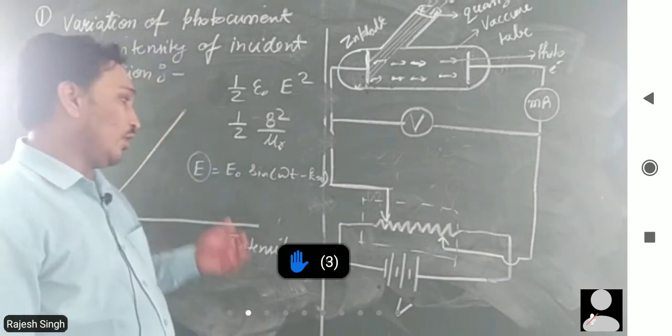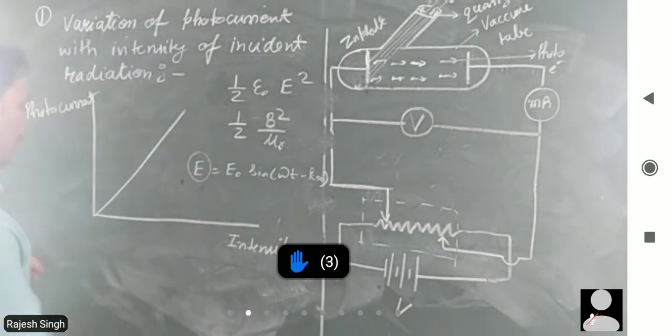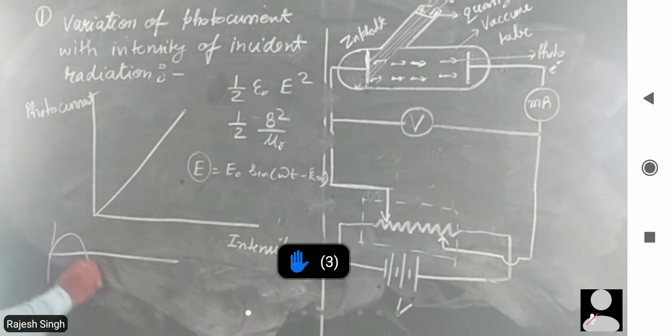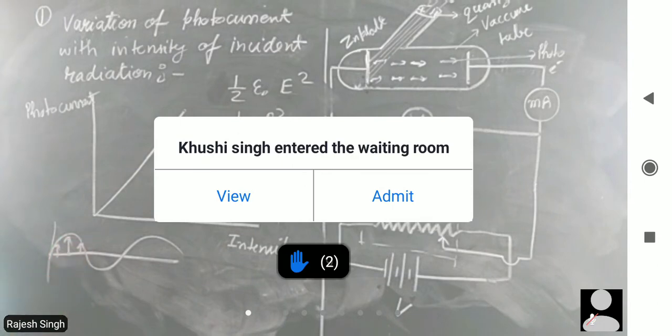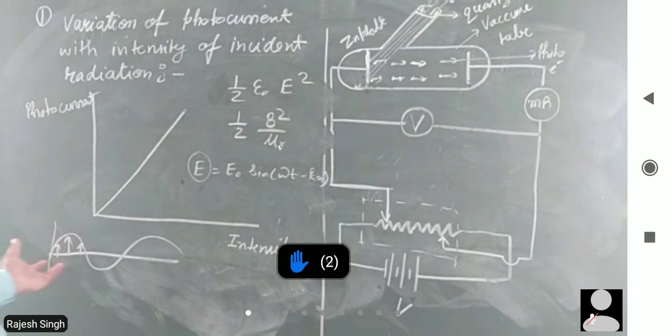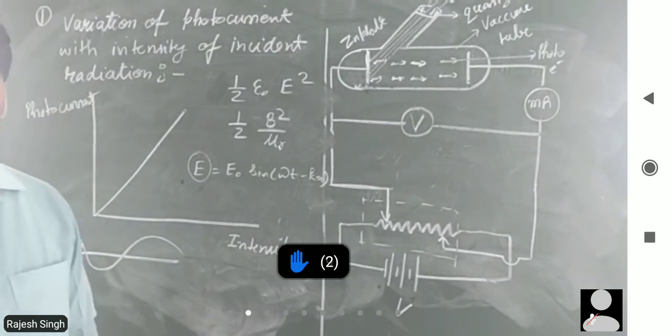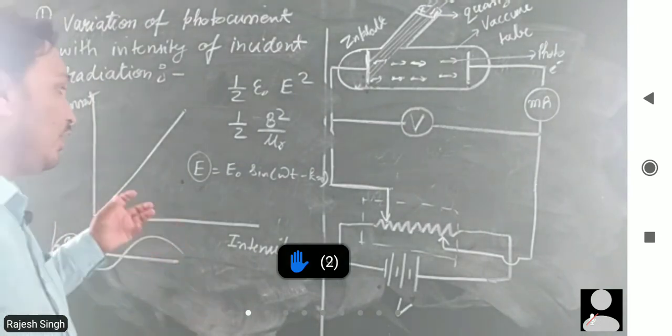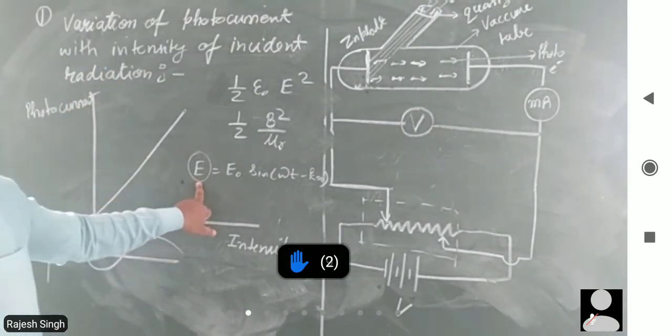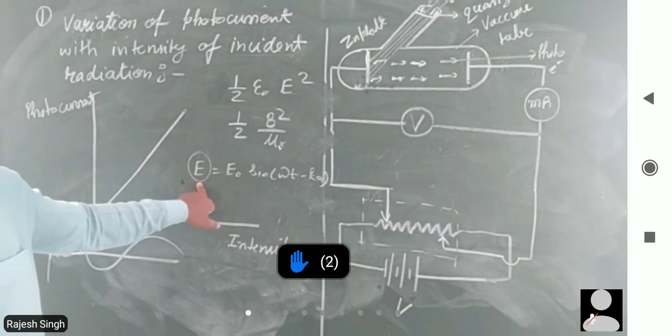So whatever the value of the electric field will be, this is the electric field graph. Here energy depends upon this value, and here energy depends upon this. Is it clear? This keeps on happening. So energy depends upon the instantaneous value of the electric field.